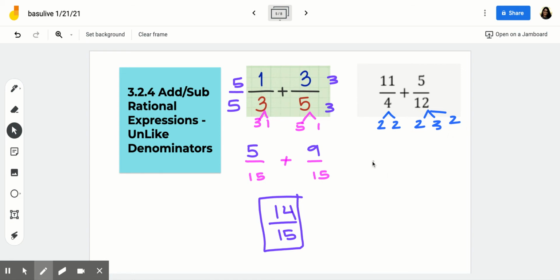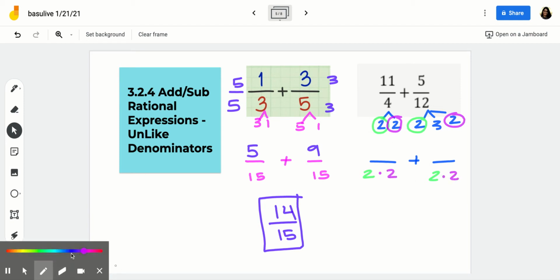All right, so now what is the lowest common denominator between these? What we're actually doing in our brain without realizing it is we're taking this 2, and there's 1 in each, so these green 2s, and then we're also taking these purple 2s, and then the only thing that's not circled yet is this 3.